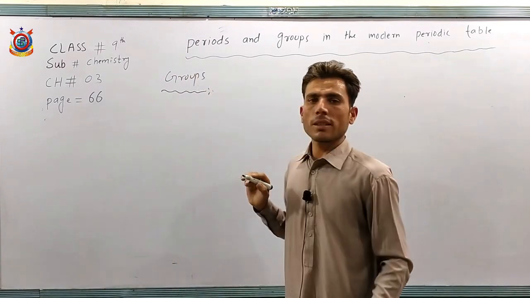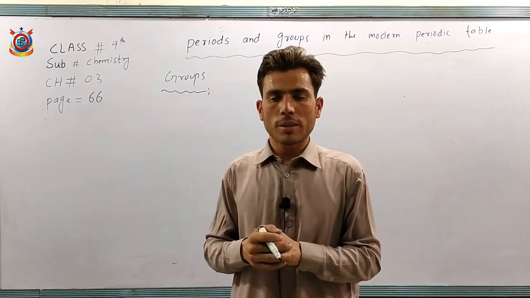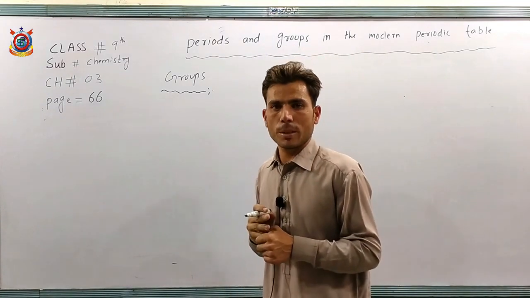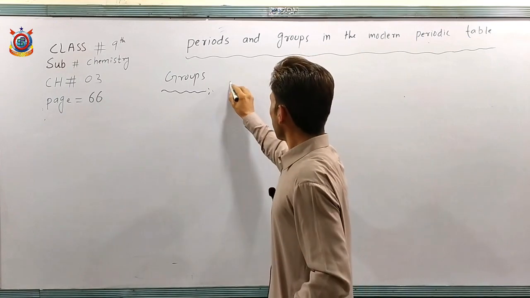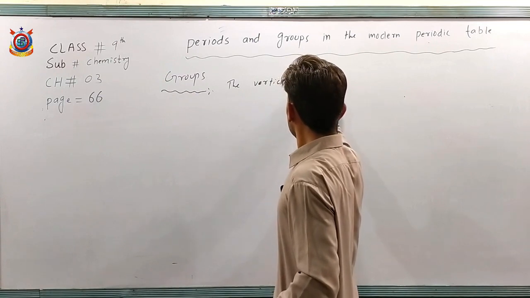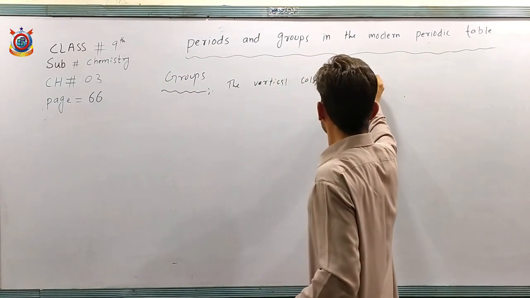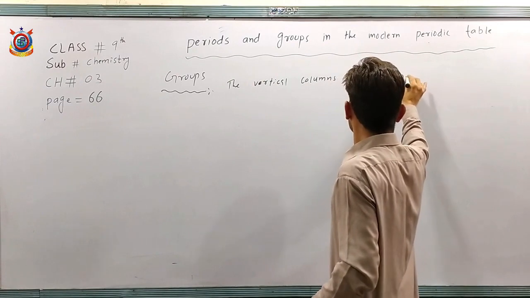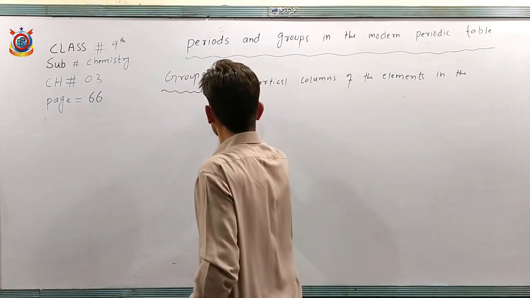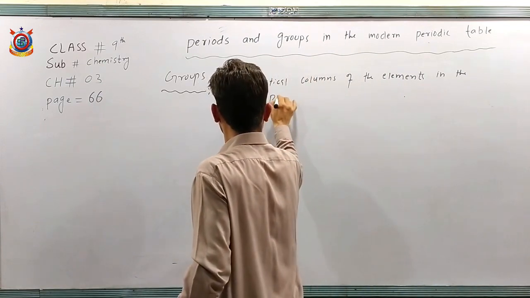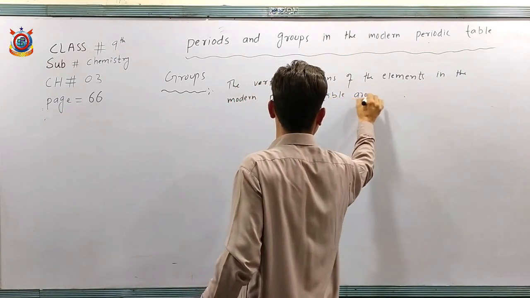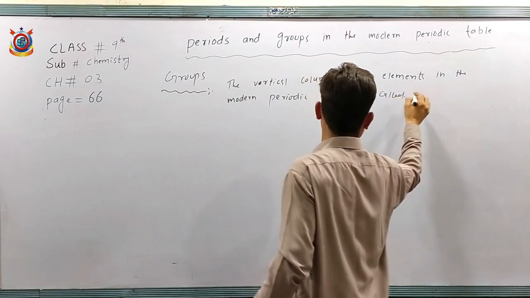Groups are defined as the vertical columns of the elements in the modern periodic table. The vertical columns of the elements in the modern periodic table are called groups.